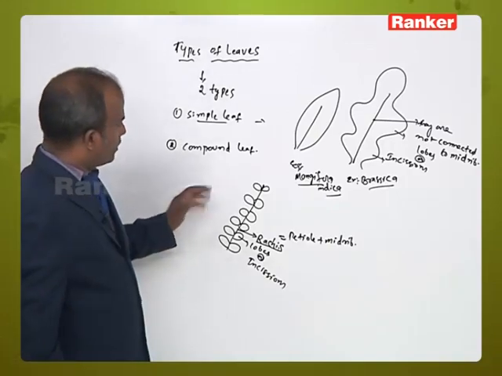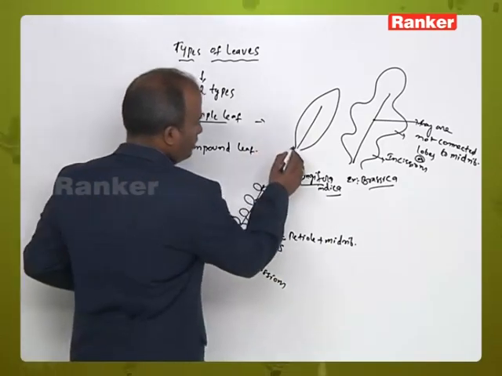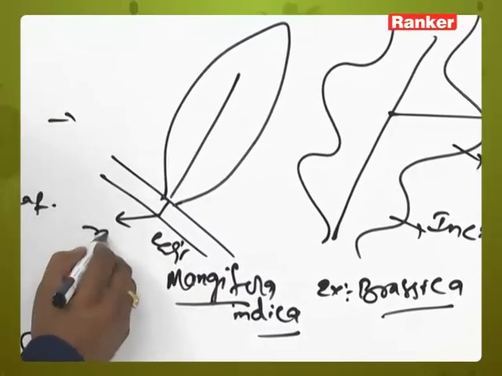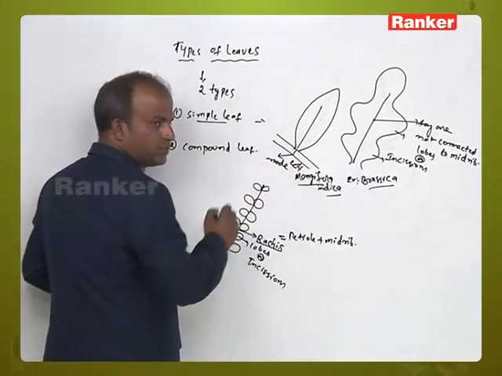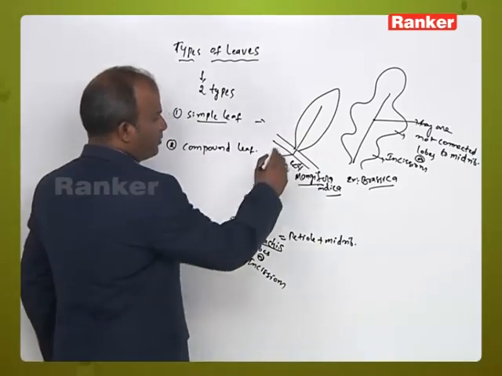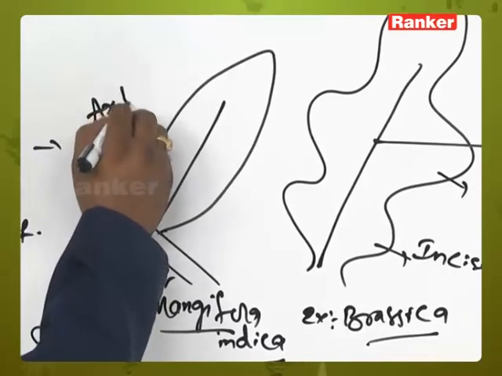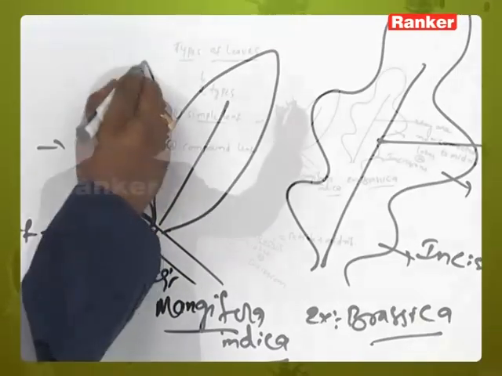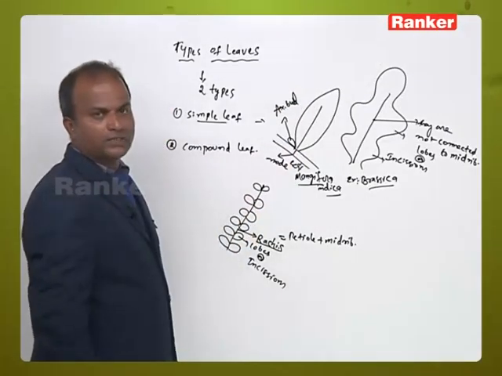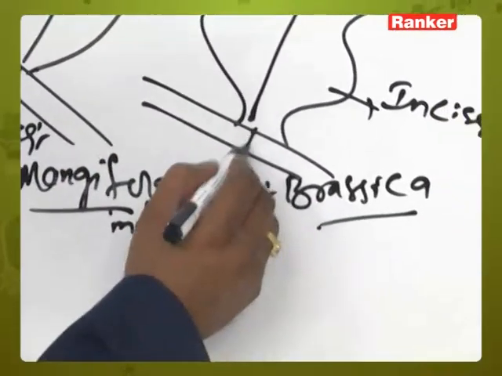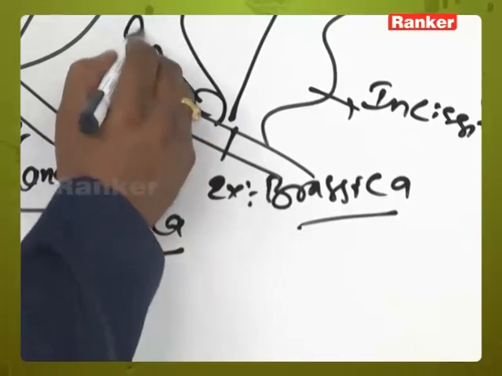And one more thing here. This one is the simple leaf, and this is the node area. That means the axil of the simple leaf shows an axillary bud. The axil of this simple leaf belonging to Brassica also shows an axillary bud.